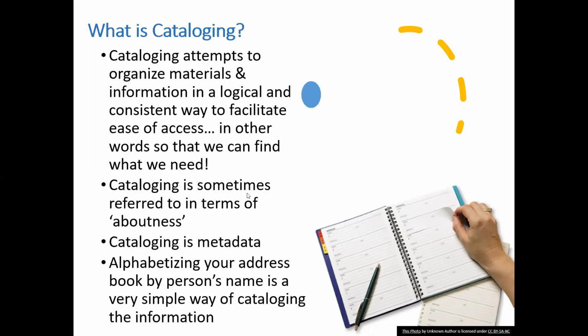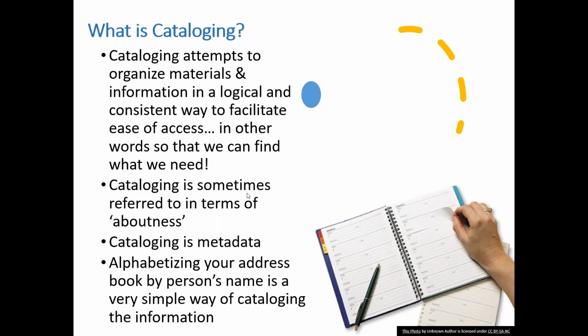And, at a really basic level, things like alphabetizing your address book or your contact list, if you're putting people together alphabetically, or maybe you group them by family and work relationships or something like that, that organization process that you're doing right there is a form of cataloging. If you color code anything, that is a form of cataloging.